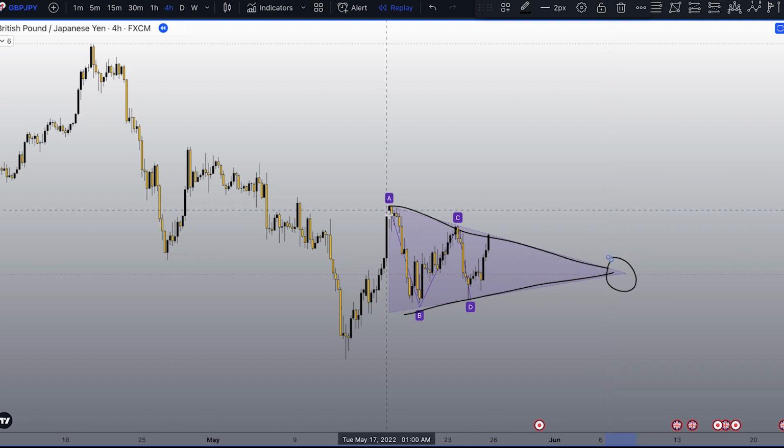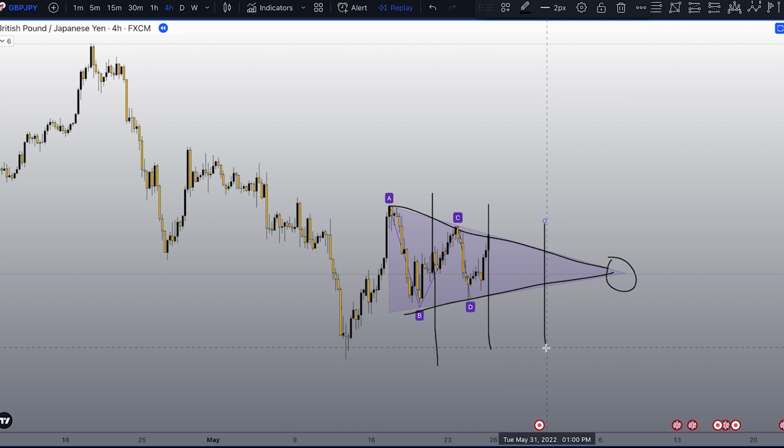From the beginning, right here, you would have percentages, 20%, 50%, 75%, like that, right? And at some point, these lines would cross. If price was to continue staying inside of there, at some point it would come to an apex where it would have to go one way or the other.